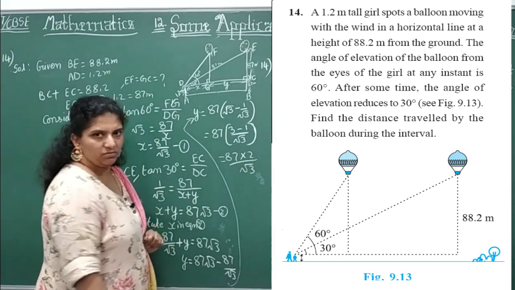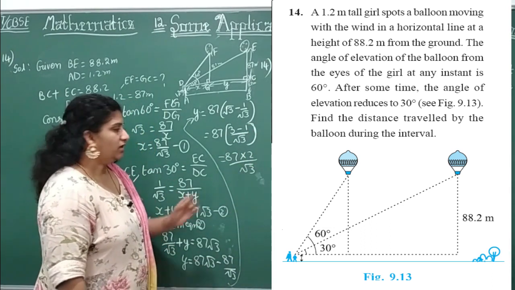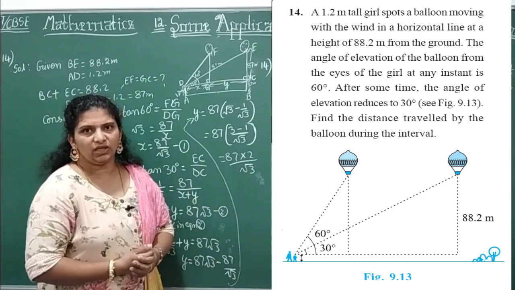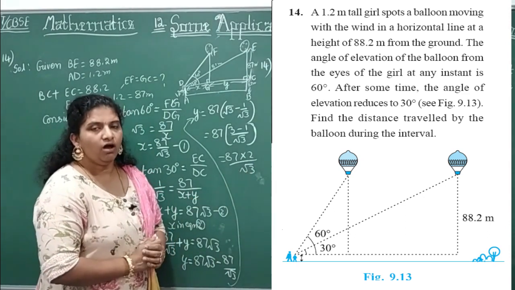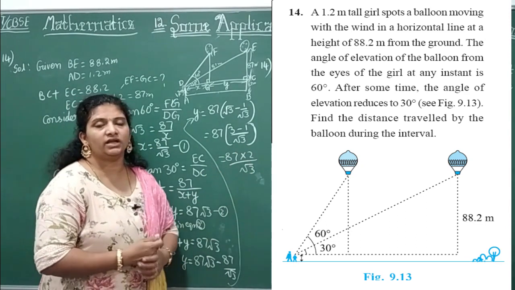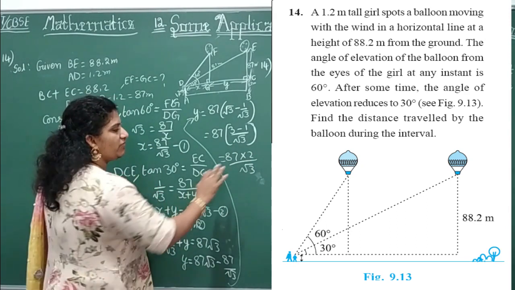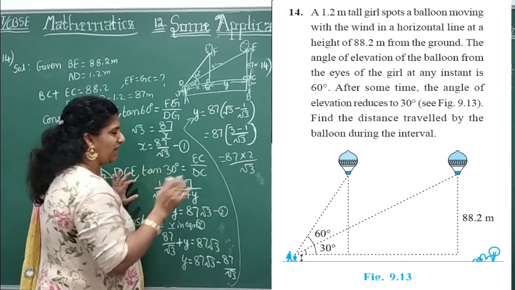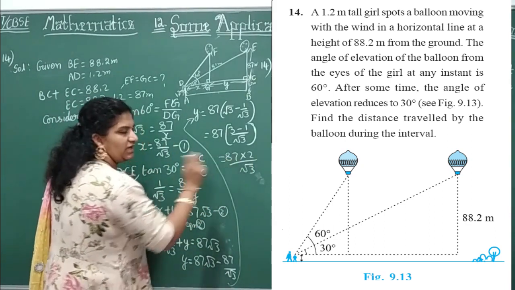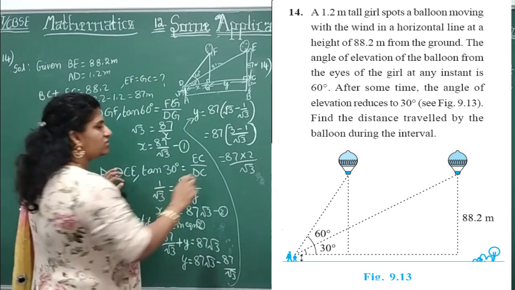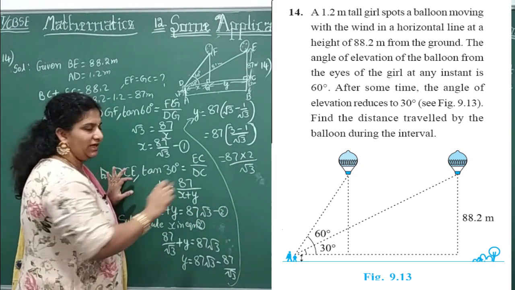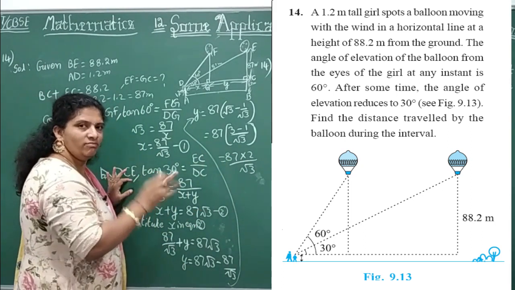Now, observe here carefully. So, this root 3 you need to cancel, or you should multiply numerator and denominator in order to remove the root. So, before multiplying, just have a look. Is this any 3 multiple or not? Check out. If it is a multiple of 3, directly you can cancel instead of multiplying.